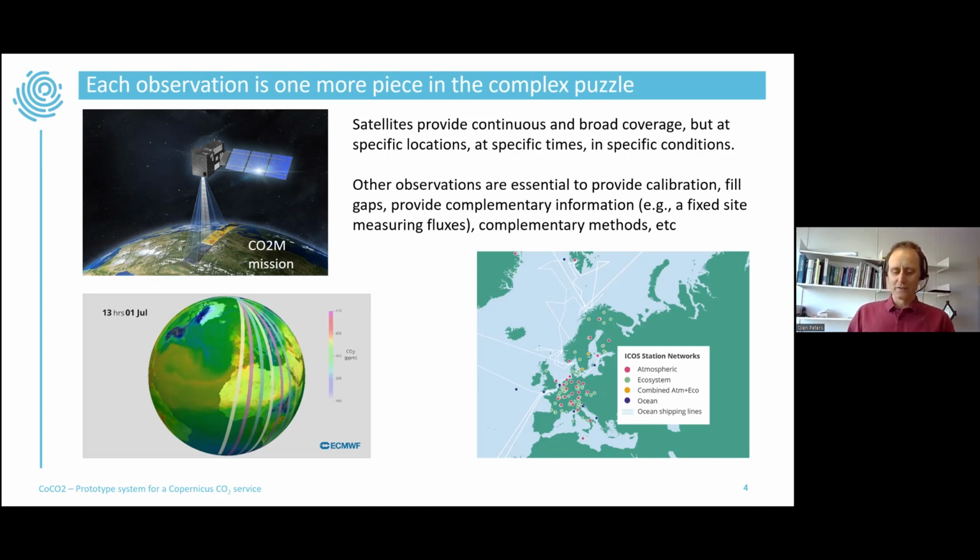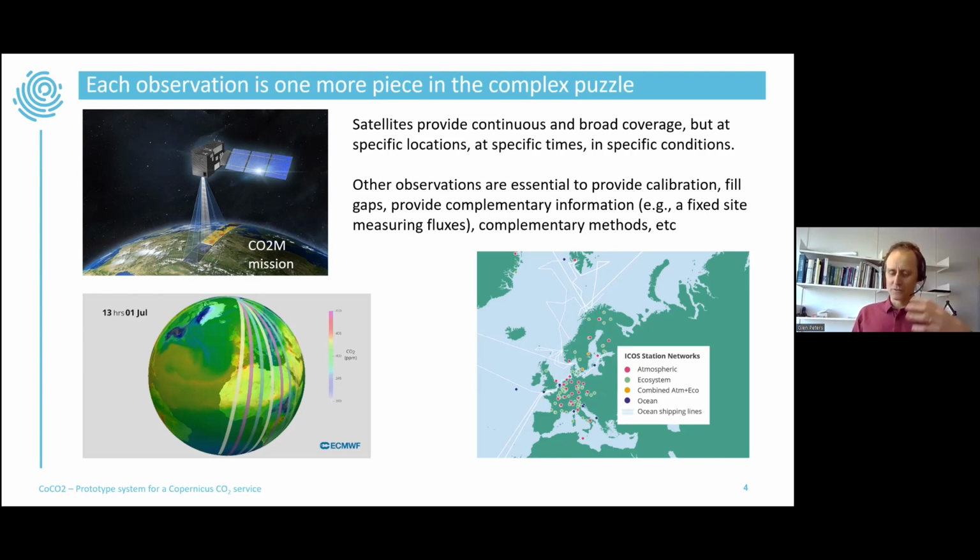So the important thing here is that the different types of observations are really one piece of a puzzle. And the more types of observations we have, the more pieces of the puzzle we have, and therefore we can fill out a picture of what's actually happening. So we can't just use satellites or just use flux towers. We really need a combination of all these sources to get the most value.